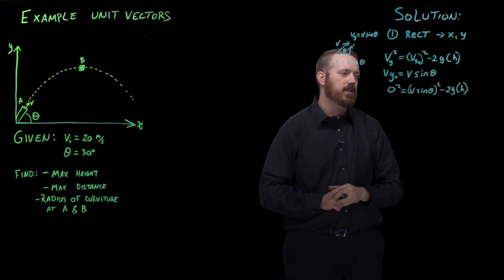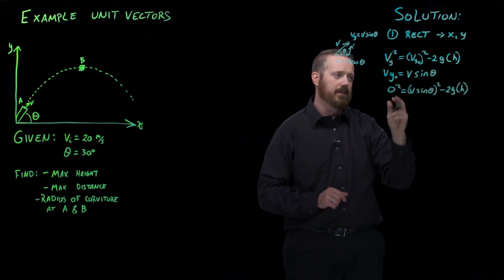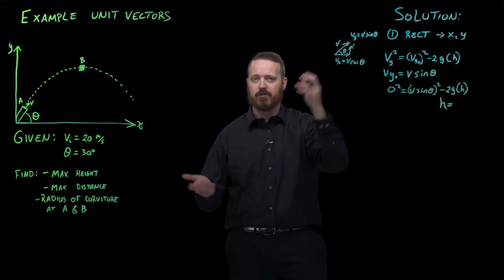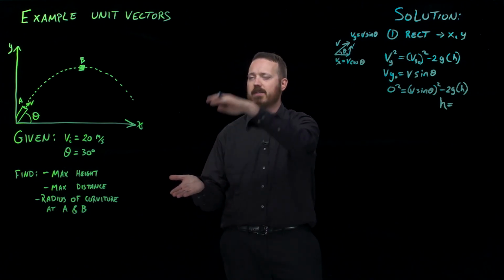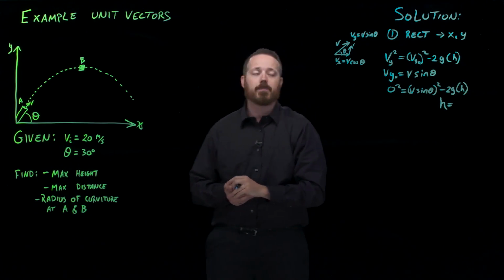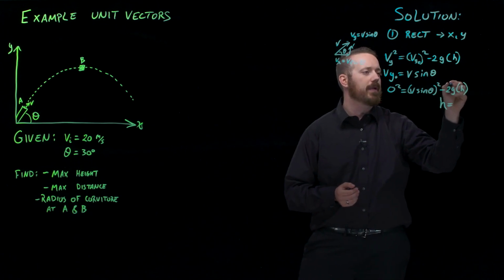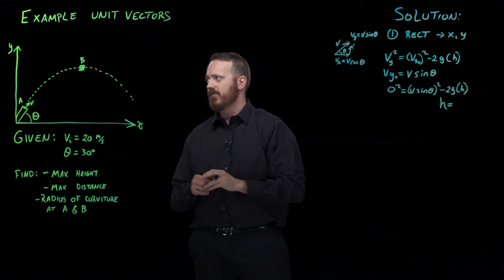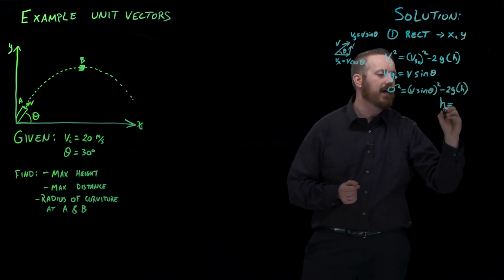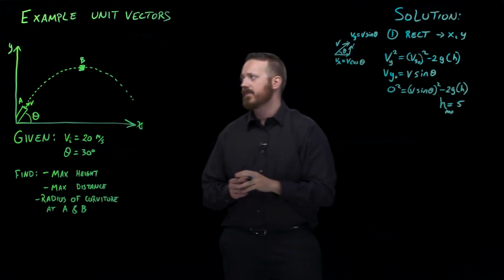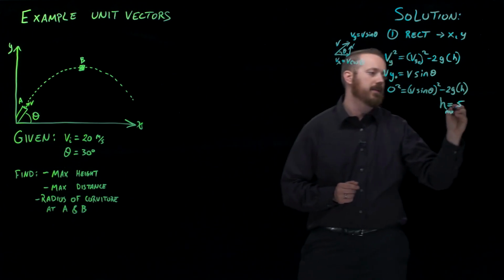Put the 2gh on the other side if you like, and then divide out the 2g. If you do that, you'll find the height it can travel going from its maximum velocity in the y direction to 0, given that g is 9.81 meters per second squared and our velocity is 20 meters per second. If you calculate that through, you'll find the maximum height is about 5 meters. It is 5.09 meters.